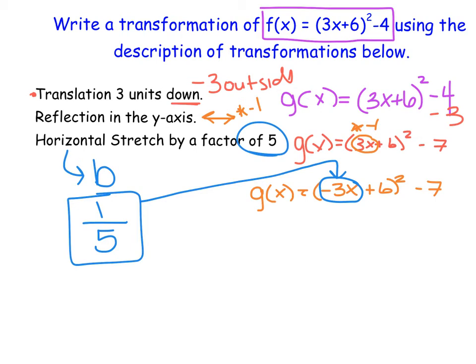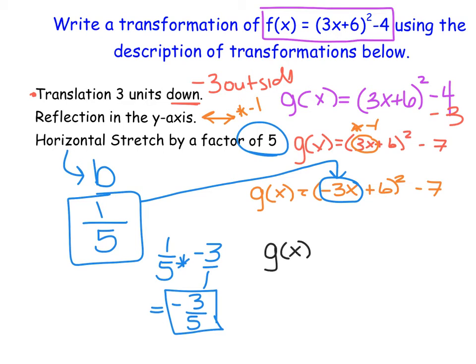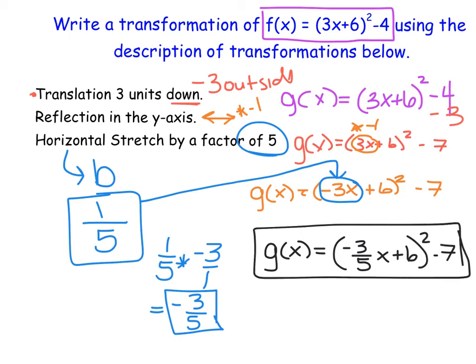If you want to do that multiplication off to the side, that's not a bad idea. So 1/5 times -3 over 1 becomes -3 over 5. So that new coefficient of x is -3/5. So my new function here would be g of x is equal to, in parentheses, -3/5 x plus 6 all squared minus 7. So there we have all three transformations there.